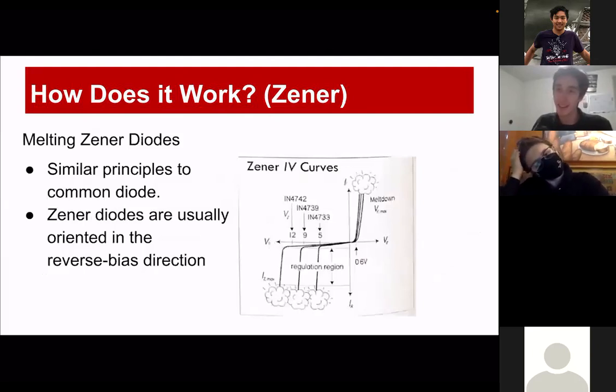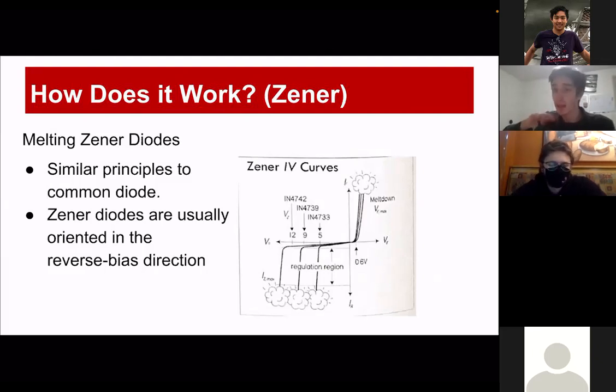So how do we melt Zener diodes? Well, same principle, draw way too much current. And you can see there's different kinds of meltdown points for different VZs, or different spring voltage requirements. Zener diodes are usually oriented in the reverse bias direction.